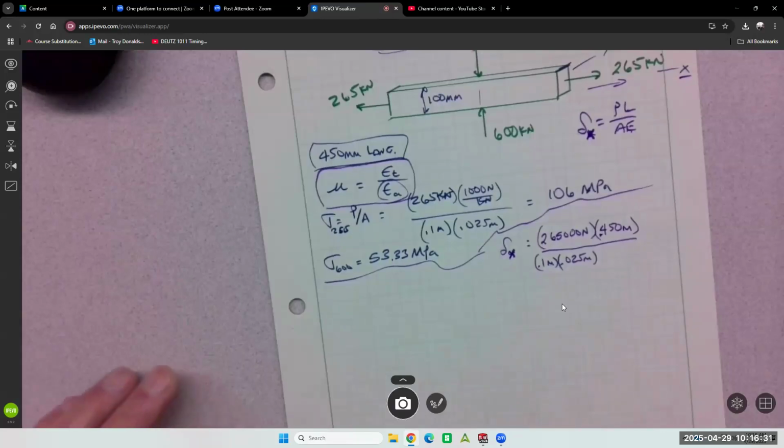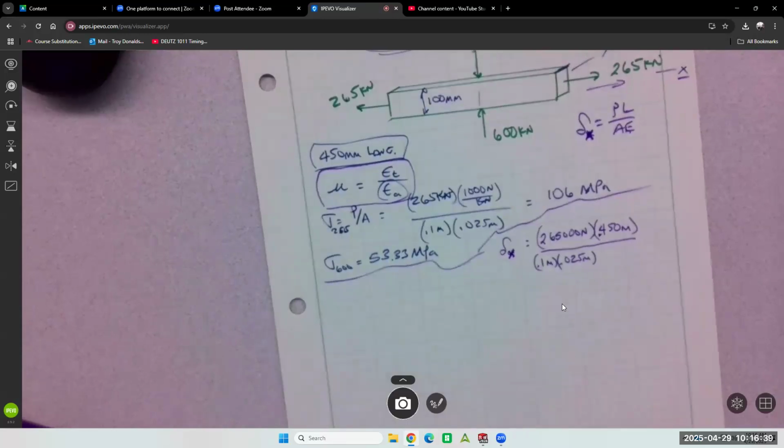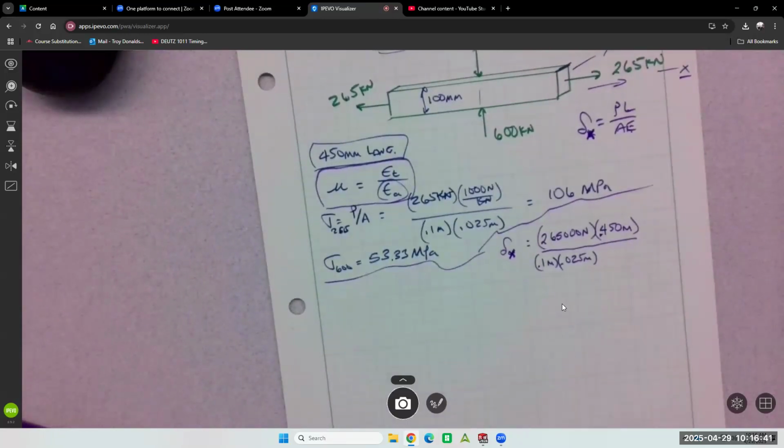They just called it a steel bar. E values, I think, are all the same for most of the steels in the back. 200 is what I have. 200 times 10 to the 3 megapascals.